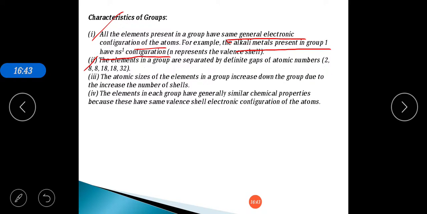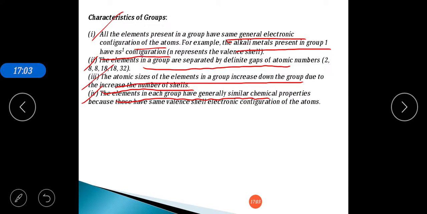The elements in a group are separated by definite gaps of atomic number: 2, 8, 18, 18, 32. The atomic size of the elements in a group increases down the group due to an increase in the number of shells. The elements in each group have generally similar chemical properties because they have the same valence shell electronic configuration of the atoms.